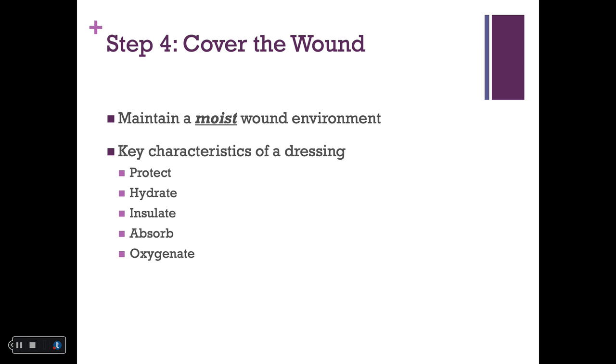So what are we looking for in a dressing? Well, ideally it's going to be something that's protective, that's hydrating to contribute to that moisture. It's insulating, so it's keeping any sort of trauma out. It's absorbing anything that's weeping out of the wound, and it's allowing for oxygen to flow in, because again, we know that that's helpful in the healing process.